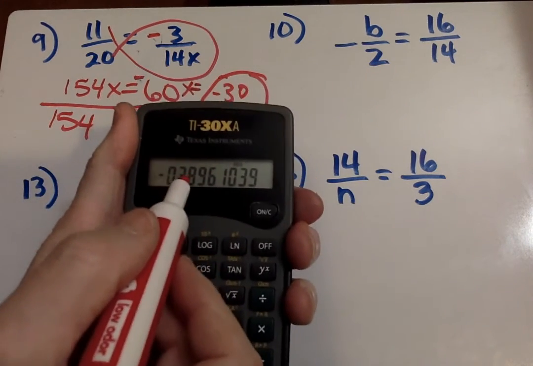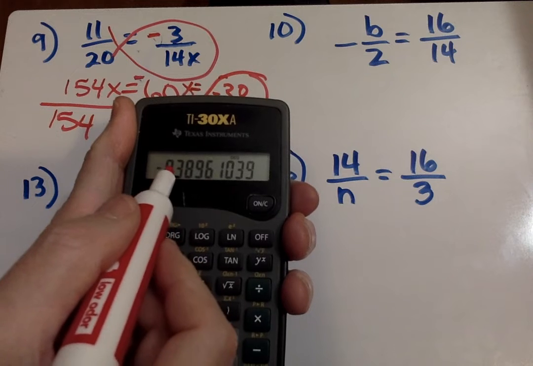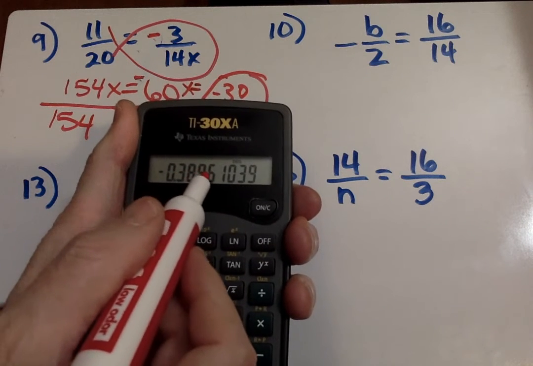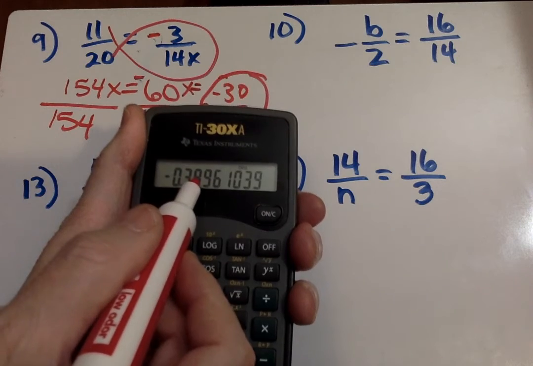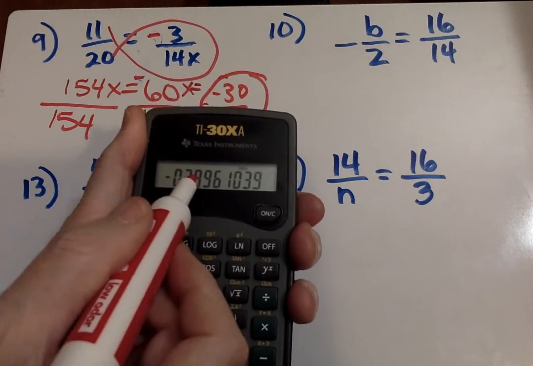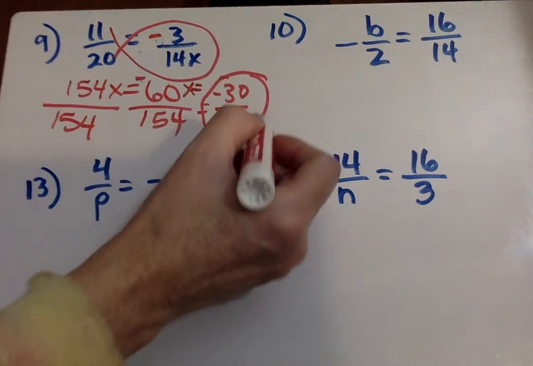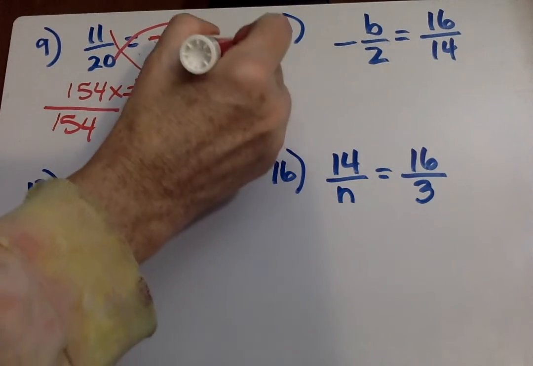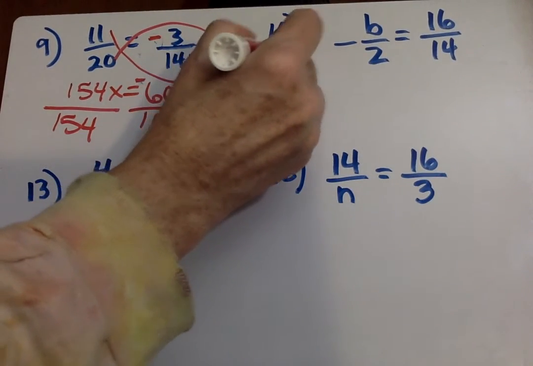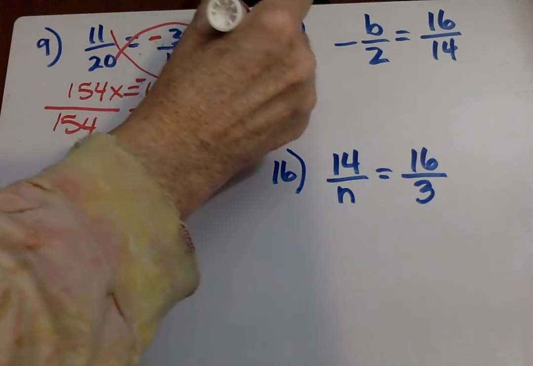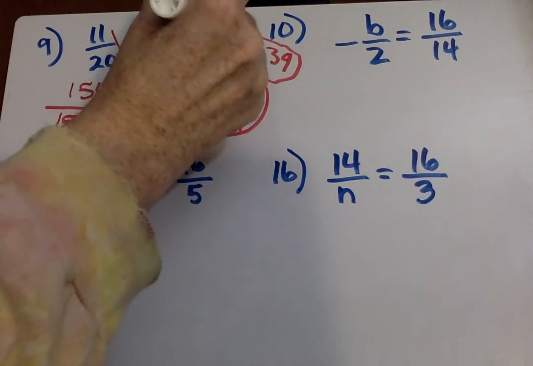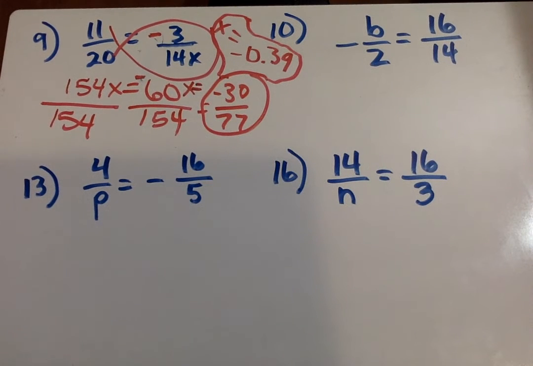Nearest hundredth, we look at the third one over, it's 0.389. That's a 9, so it's 5 or above. It will move that to a 9, so it's negative 0.39. So x equals one of those two.